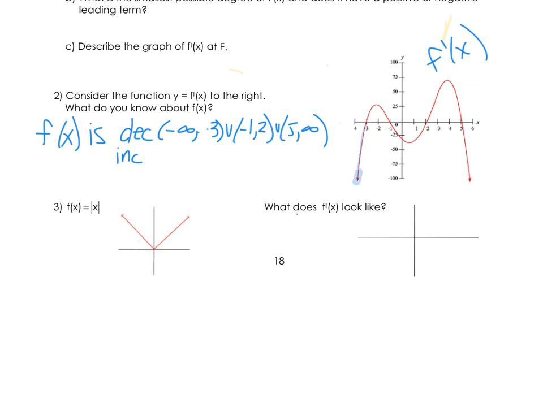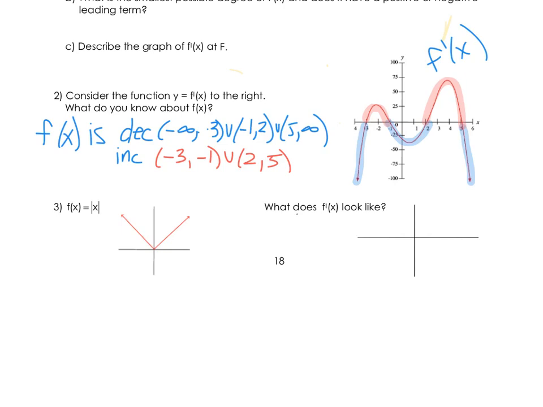Wherever the derivative is below the x-axis is telling me that the original function is decreasing there, has a negative slope. So where is the function increasing? Well, it's increasing from negative 3 to negative 1 and from 2 to 5. How do I know that? Because if the derivative is above the x-axis, then that means the function must be increasing.